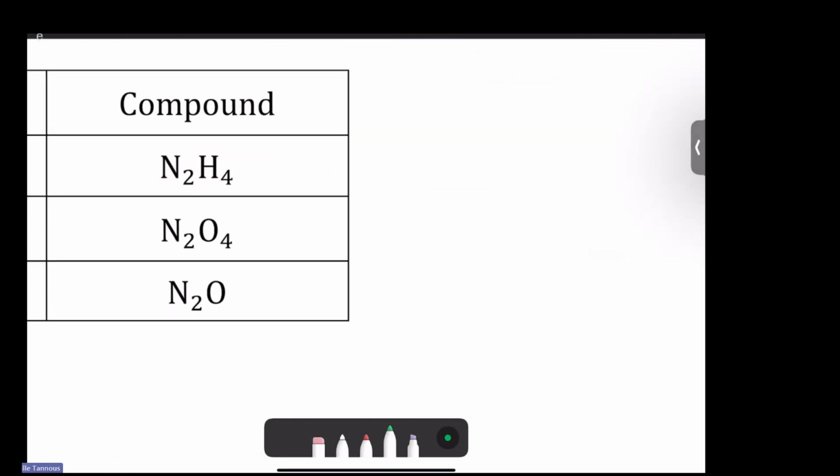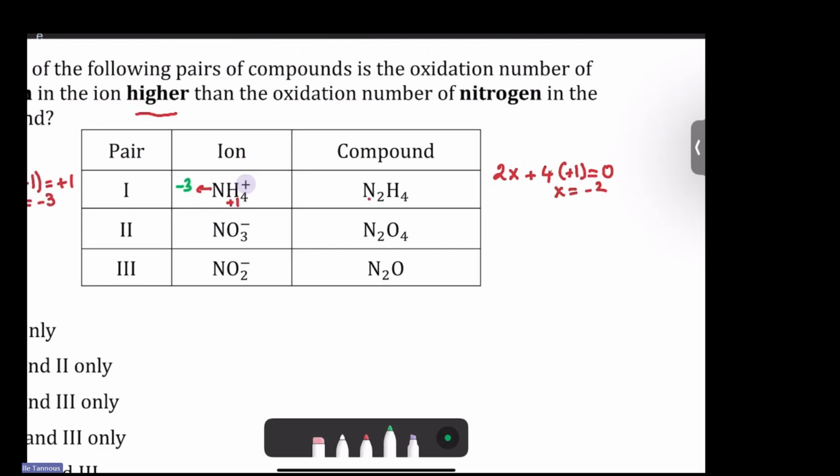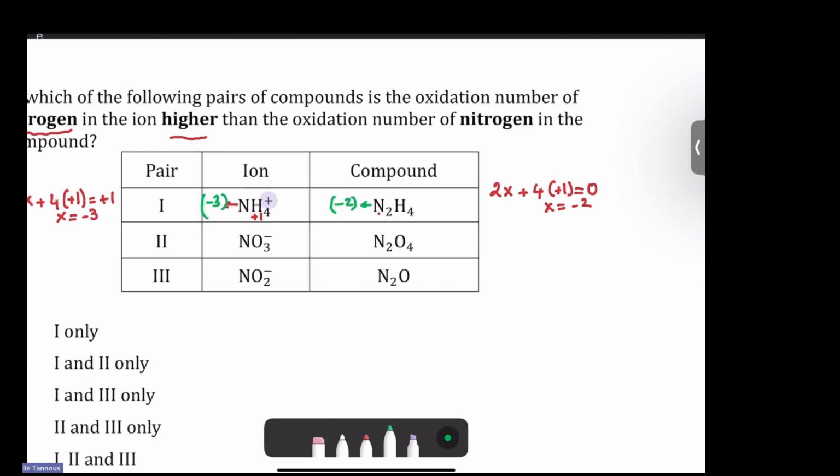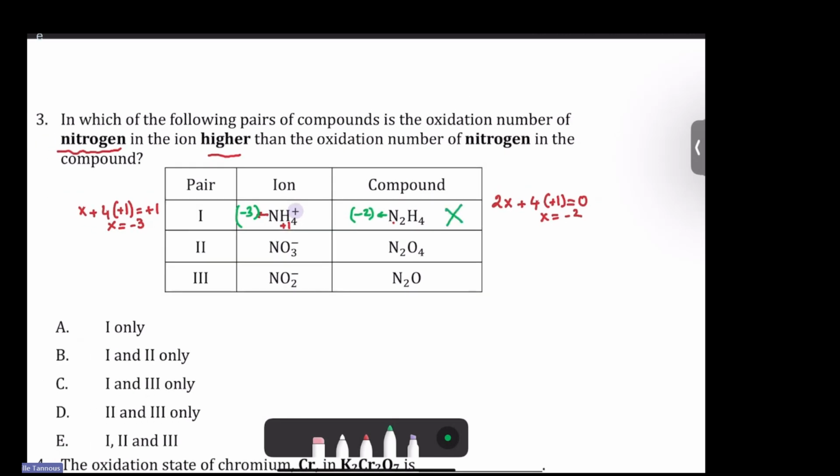In this case, I have 2 unknowns. So it's 2x plus 4 times the hydrogen, each one is positive 1, and this compound is neutral, so it's equal to 0. Therefore, solving this, x is negative 2. So, is the ion higher than the compound in this option? No. So, 1 is out.